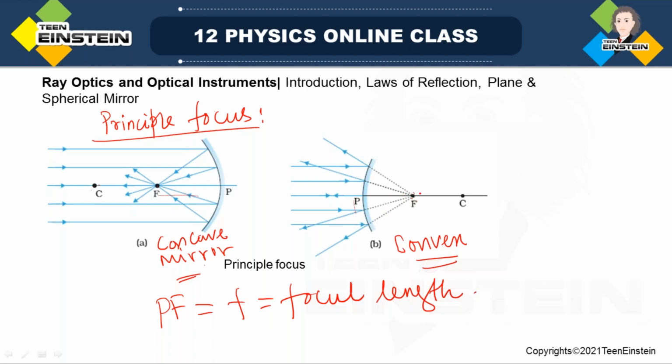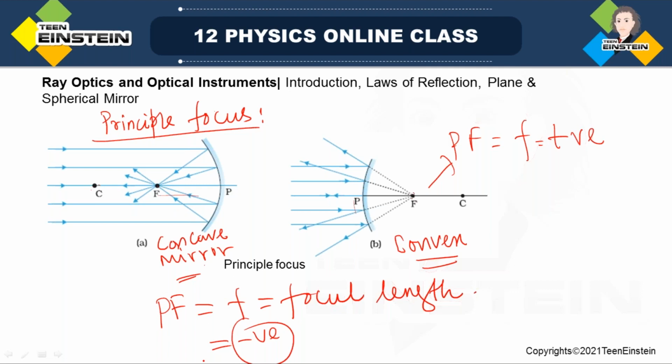This point is called the principal focus, with the same notation, capital F. The distance PF is denoted by the same f and is called focal length. But by the sign convention, the focal length for a convex mirror will be positive, and the focal length for a concave mirror will be negative. That we will see.